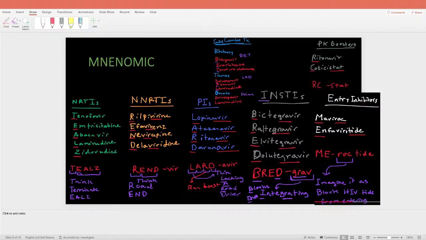You can probably make something out there. So imagine it blocking the HIV from entering. That's another way to think about maraviroc and enfuvirtide.